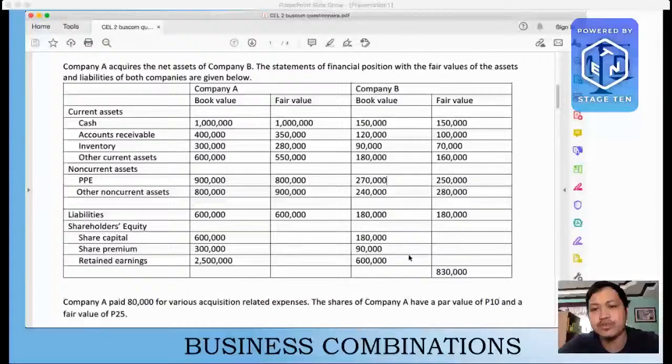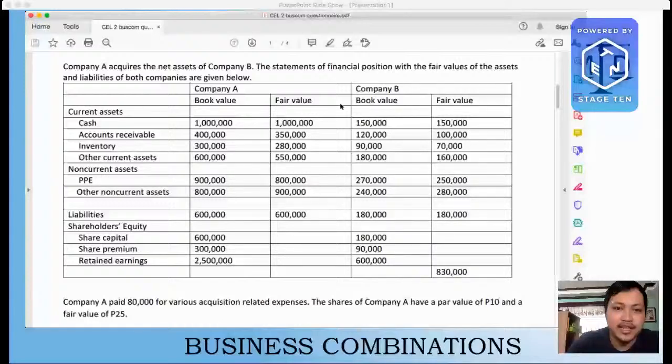Now, it's also possible that the problem would give you both book values and the fair value for the acquirer. This time, class, for the acquirer, the only relevant valuation is the book value. No revaluation will happen on the part of the acquirer. The only reason the fair value is given, class, is to confuse the students. Is there a specific rule that the assets of the acquirer are to be recognized at book value? The answer is no. There's no need to record the assets of the acquirer because they're already in the books of the acquirer.